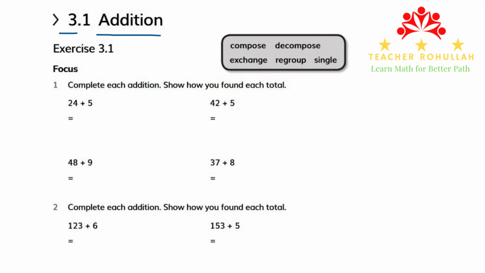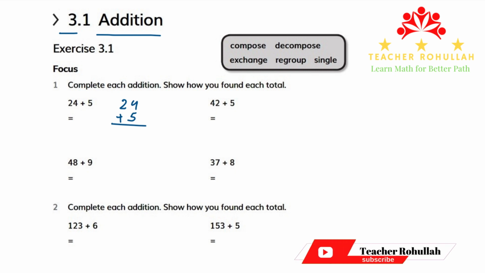We have a 2-digit and a 1-digit number, so we can easily find it either by using column addition, where we write 24 plus 5 and find the total, or we can use counting on. We have 24. If we count on 5: 25, 26, 27, 28, 29.